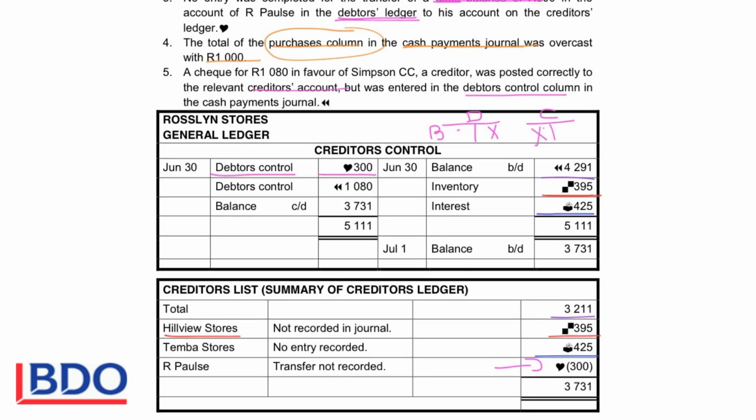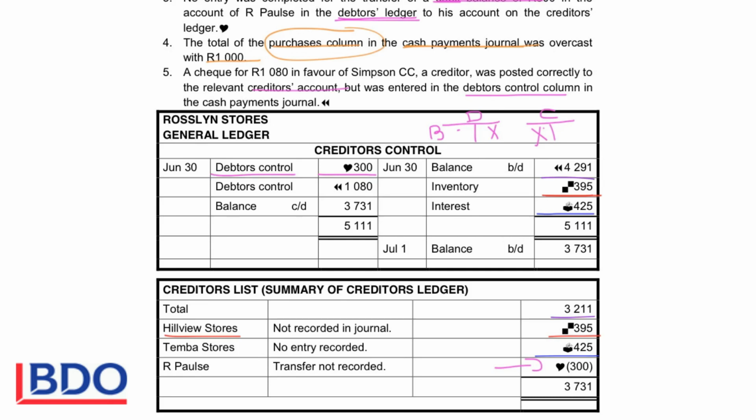When a check is issued in the cash payments journal, the bank will be credited and either the debtors control or the creditors control was debited. This check was issued in favor of a creditor, so it means it was supposed to go on the debit side of the creditors control.